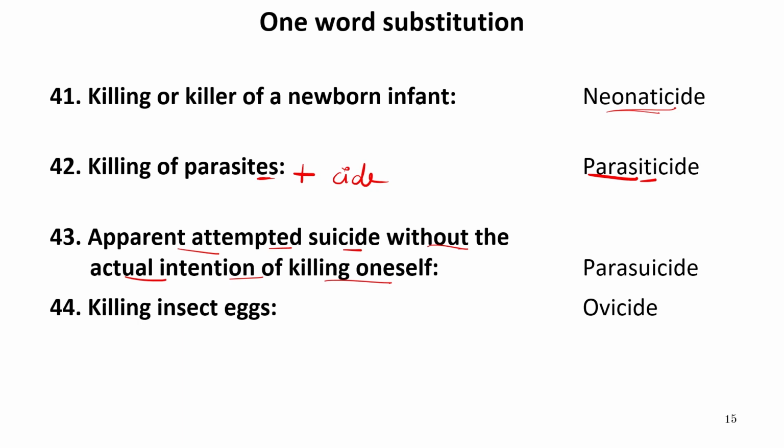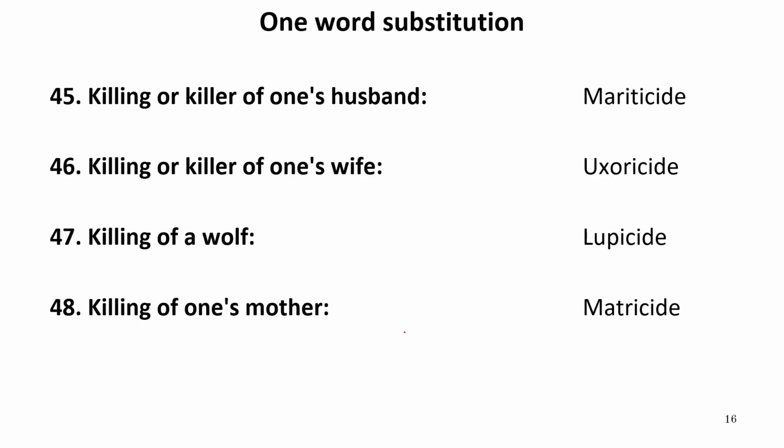Now this is known as parasuicide, or you can say this is fake suicide. But if a person kills himself, that killing is known as suicide. Killing insect eggs is known as ovicide. Now let us move to the next one.